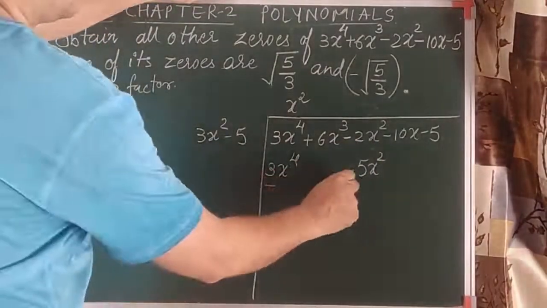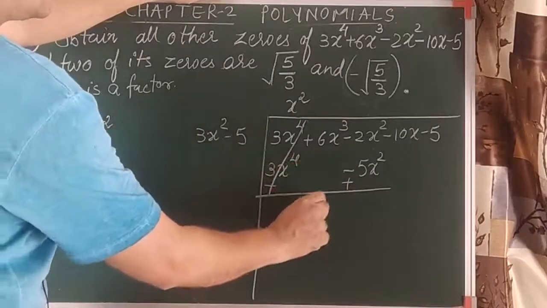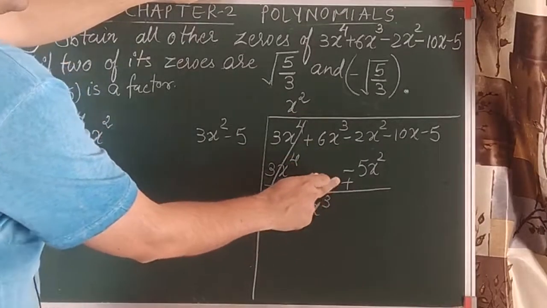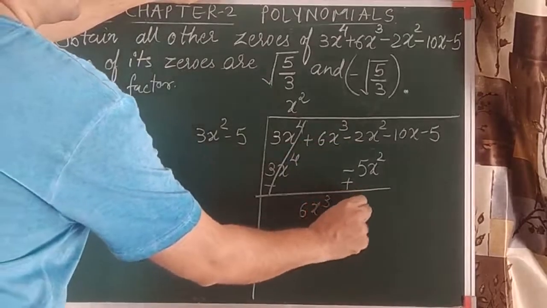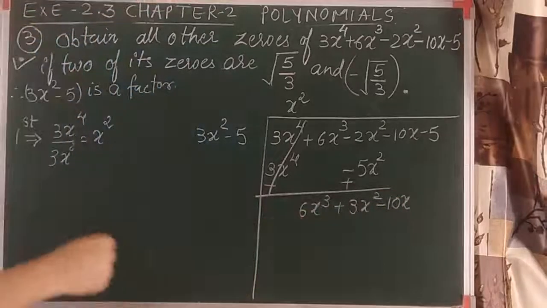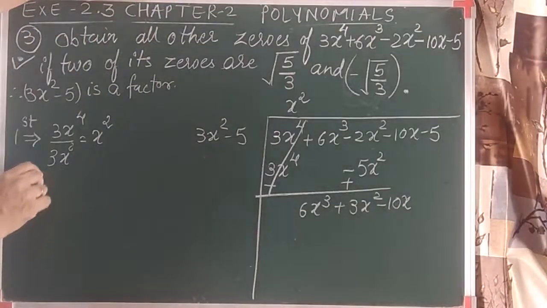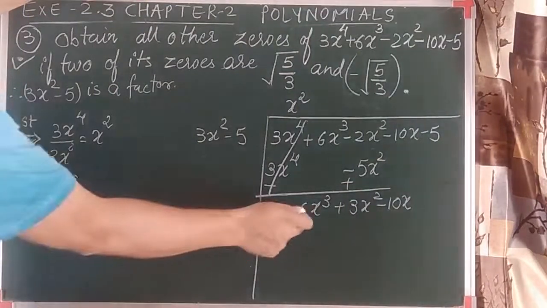I am changing the sign. Cancel. As it is, nothing, so 3x cube. We have to consider the sign, minus plus minus, of the bigger term 3x square and minus 10x. This is 6x cube. I'm sorry, not 3x cube, it is 6x cube.